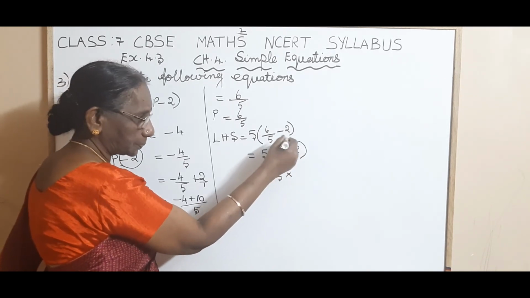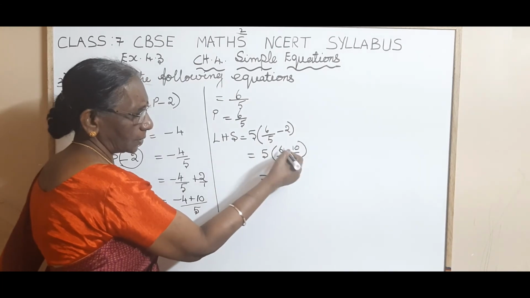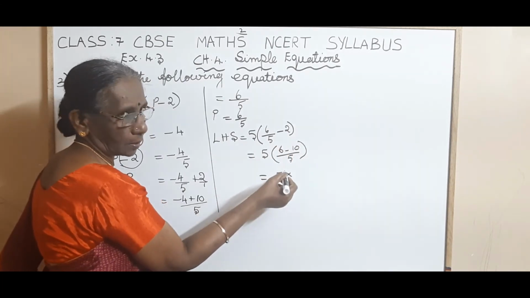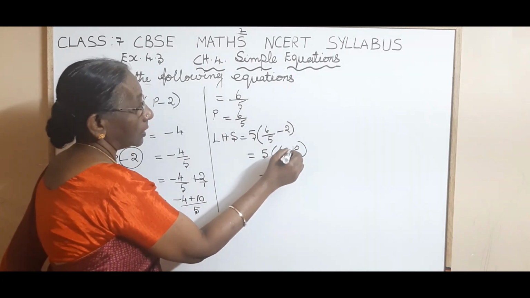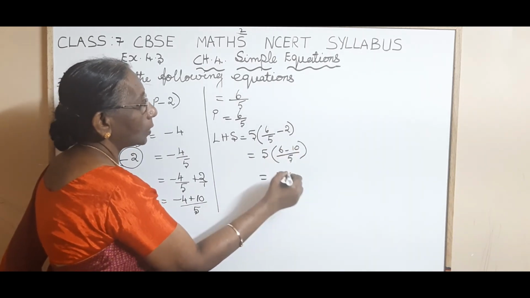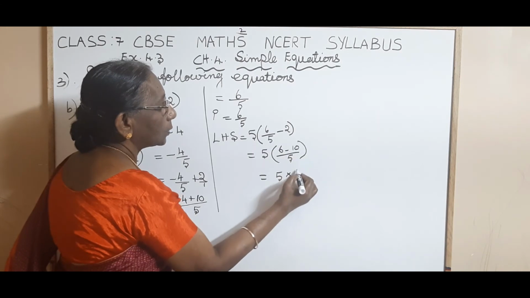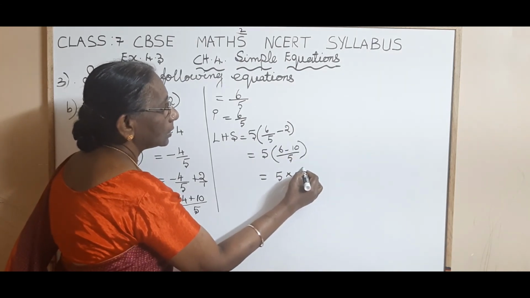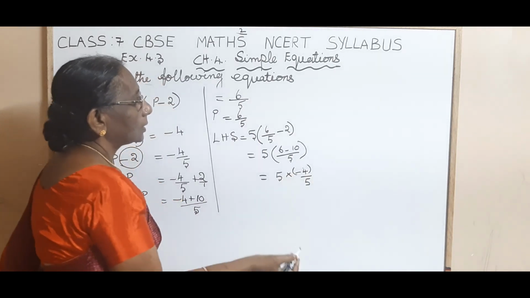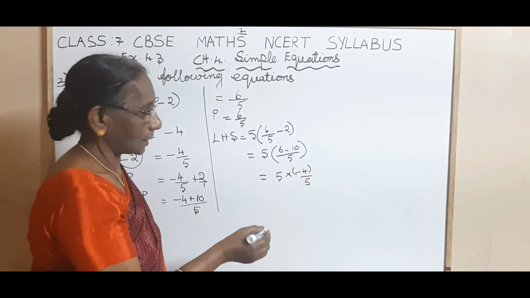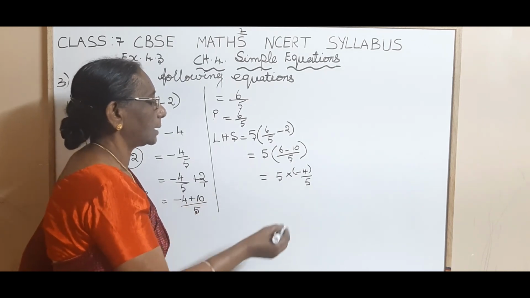So you are simplifying a negative number and a positive number. So you have to do the subtraction. More negatives, the answer will be negative. 10 minus 6 is 4 by 5. Different sign, subtract and write the greater sign, when you are simplifying different signs.